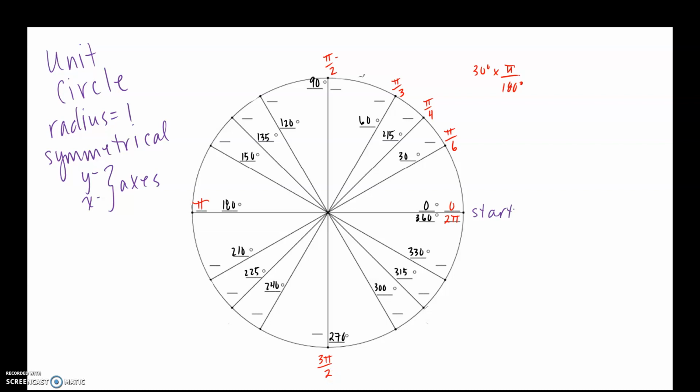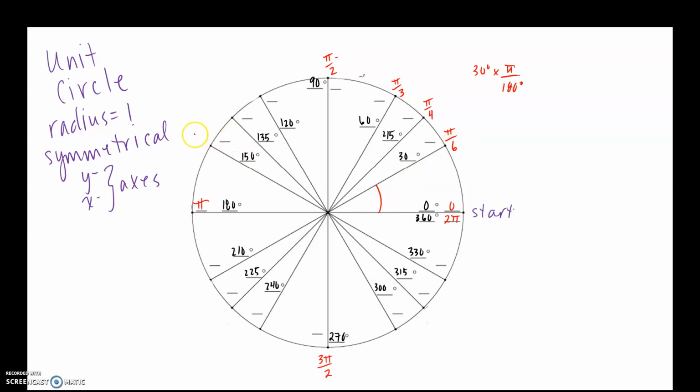Okay, so you could go through this conversion of taking every degree measure, multiplying it by pi over 180, and reducing it. I'm going to use the symmetry. I'm symmetric to both the x and the y axis. And the symmetry means I'm always going to refer back to one of my 3 angle measures in the first quadrant. So this first angle measure, the one closest to the x-axis, has a reference angle of pi over 6.